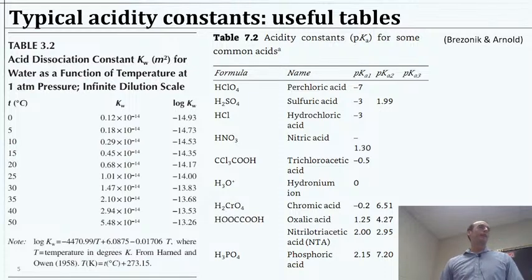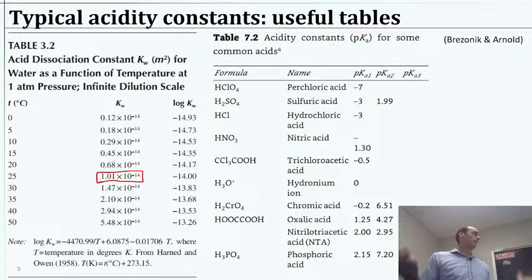We almost always think 10 to the minus 14, right? The pH scale is 0 to 14, so it's always 10 to the minus 14, which is basically what we see at 25 Celsius. Maybe just a tiny bit off, 1% off of 10 to the minus 14. So we often just say, okay, it's 10 to the minus 14.